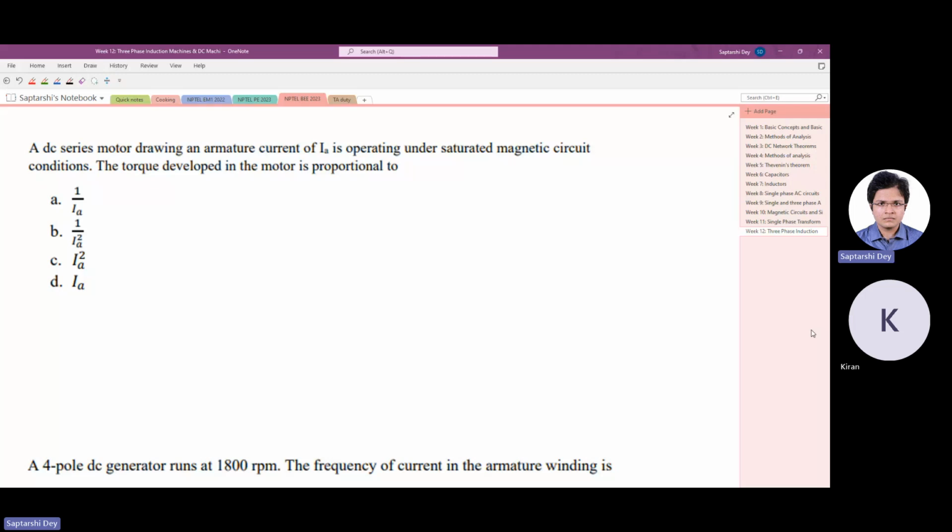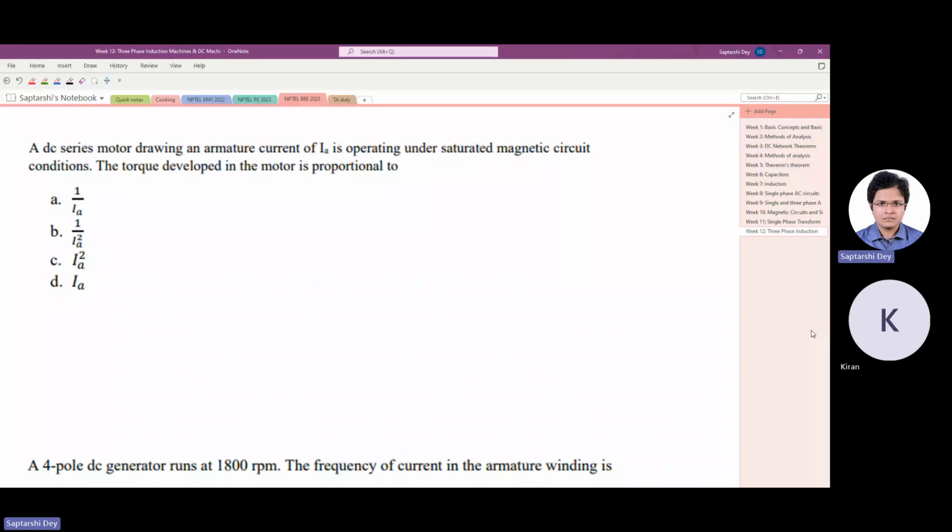If not, then we'll proceed with solving the problems. Okay, no response from your side. We'll start. You can stop me and ask me questions if you have any in between.